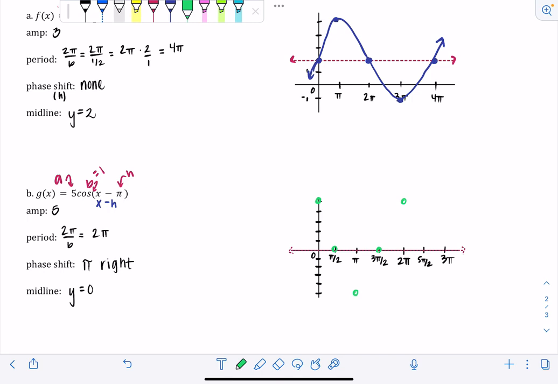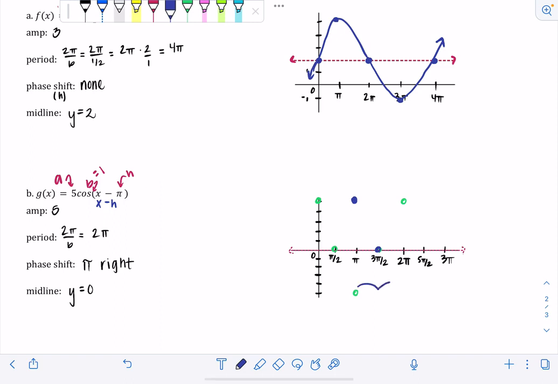And then now I'm going to move each of these points just pi to the right. So this is going from 0 to pi, my new point would be right here, and then pi over 2. Basically, moving pi to the right is moving everything 2 tick marks. So this would move 1, 2 right here.